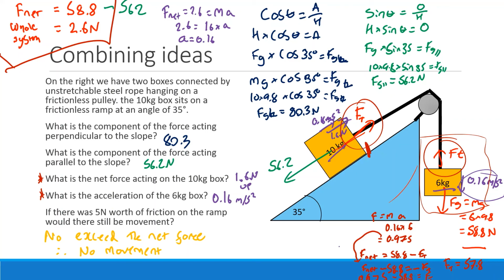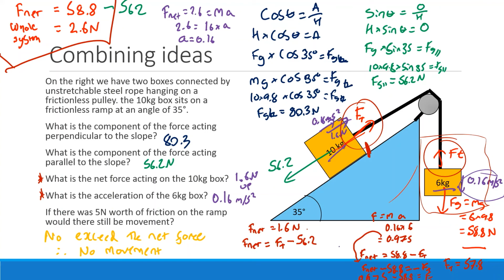Now, we know the net force here is actually 1.6 newtons. And that 1.6 newtons is made up of this tension force, which is pulling it upwards, minus this 56.2, which is pulling it downwards.